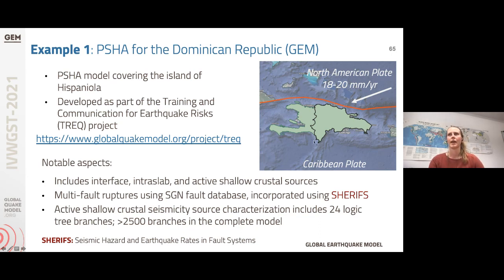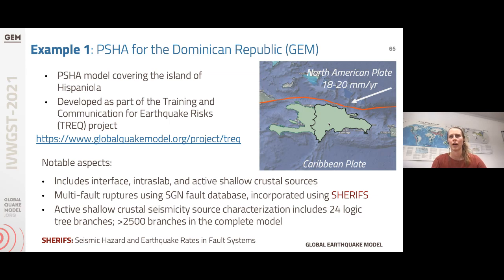This model gave us an opportunity to expand upon some of the standard methodologies that GEM is using to address some challenges within PSHA. Some notable aspects of this model are that the source model includes multiple different tectonic region types. So we have subduction interface and intraslab, as well as active shallow crustal sources.